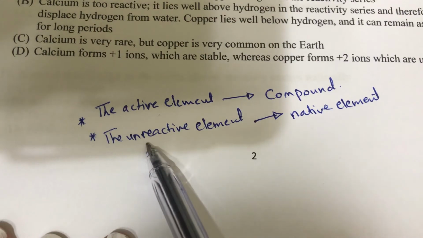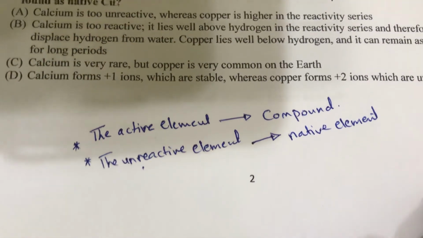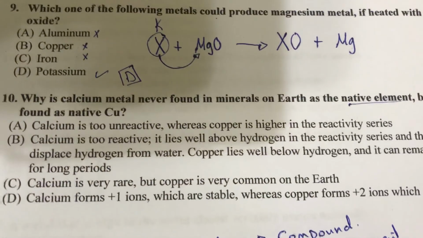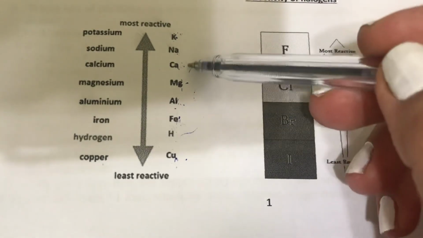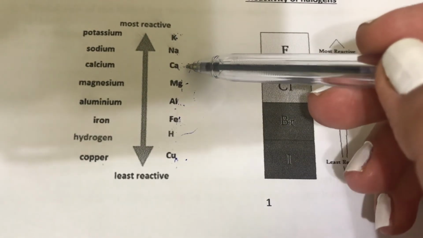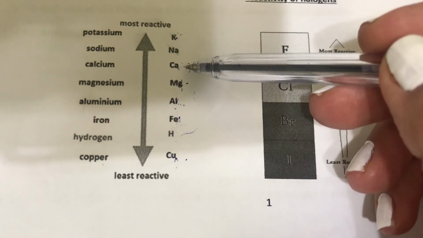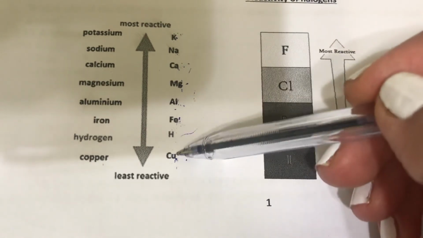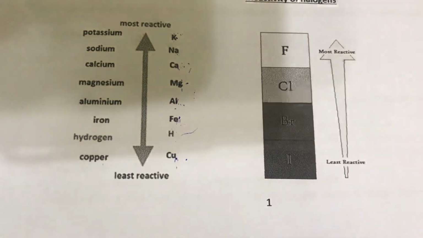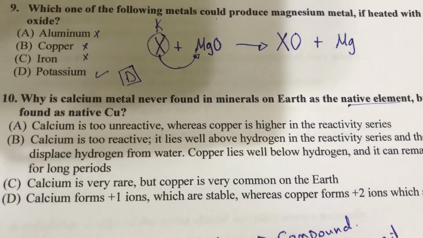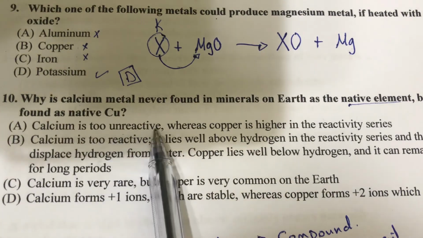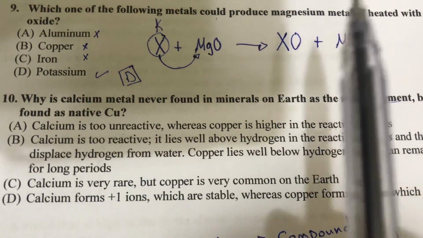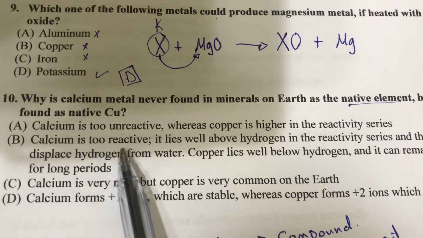If it's unreactive, it is found as an element. So here, what about the activity series? Calcium and copper. Calcium is a reactive element, so it is found as a compound, but copper is an unreactive element, so it is found as an element. So here, is calcium too unreactive? No. Calcium is too reactive.